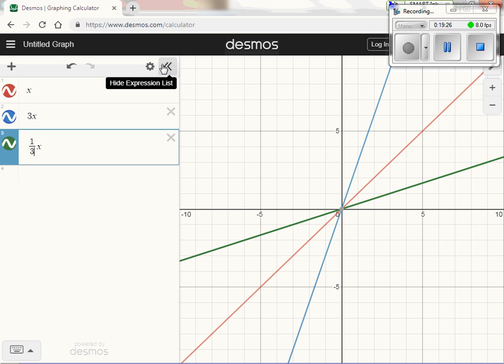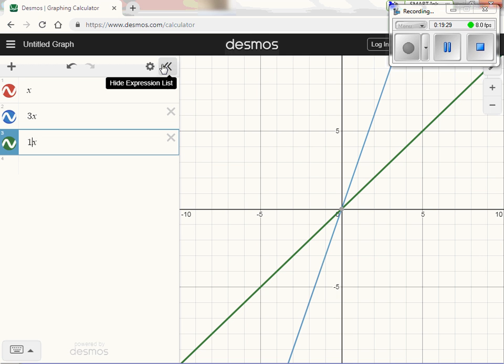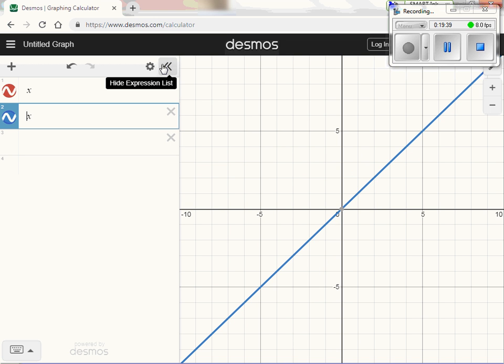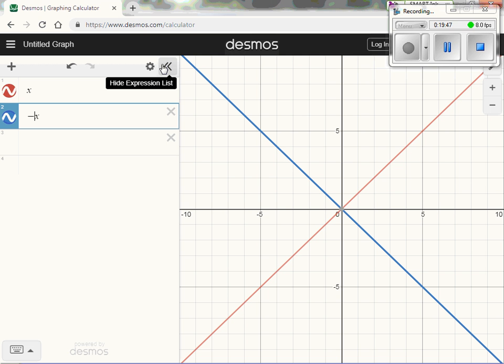Now, there isn't really one for a reflection across the y with a linear function, but we can have a reflection across the x. So every point here is now below. Since this point is below, it's now above the x-axis. It flipped.